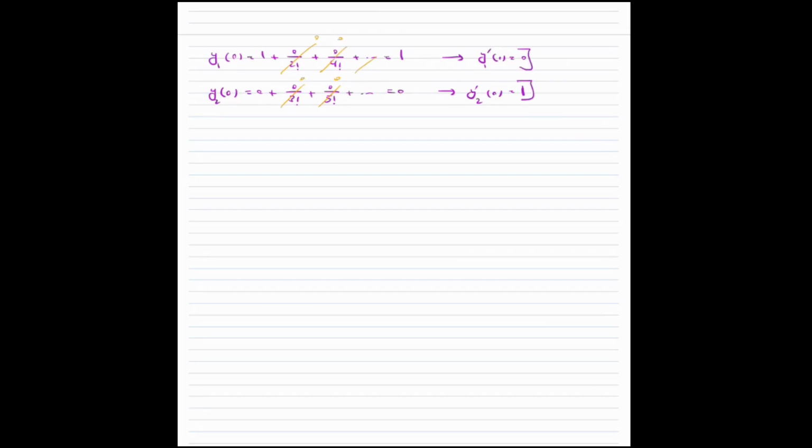And for part C, we want to evaluate the Wronskian to check whether y1 and y2 form a fundamental set of solutions. Using the formula for W(y1, y2), we put it in a matrix: y1(0) is 1, y2(0) is 0, y1 prime(0) is 0, and y2 prime(0) is equal to 1.